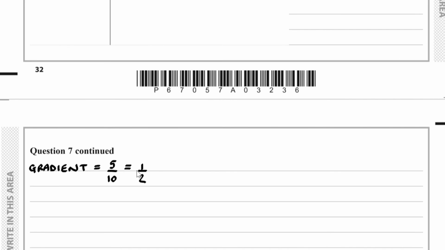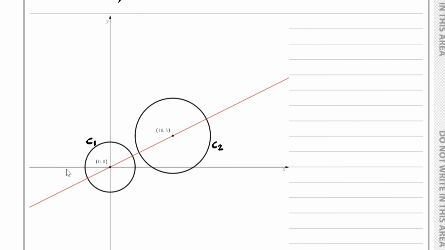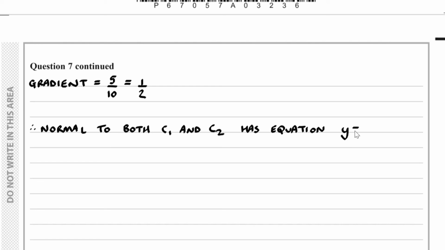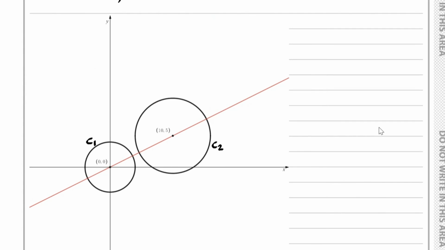It passes through the origin, so therefore the normal to both C1 and C2 would have equation y equals 1/2 x. So here we will label this y equals x upon 2.